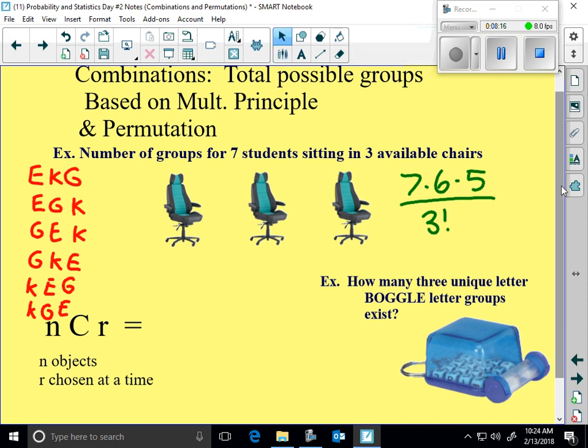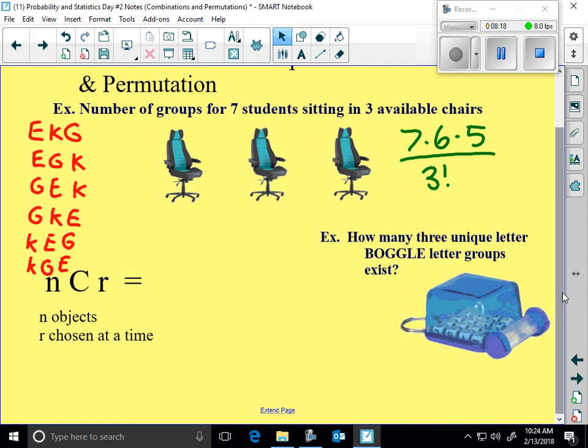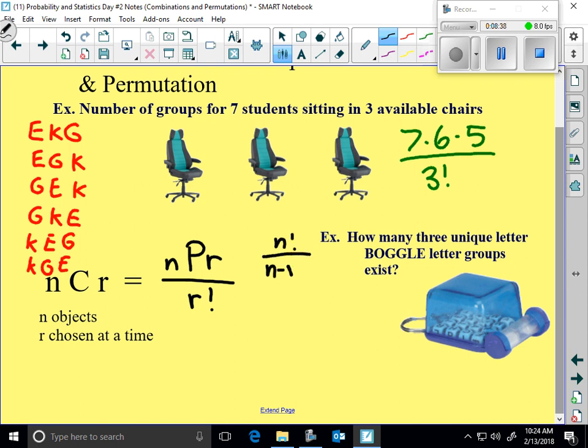So the formula for combinations is the same as the formula for permutations, nPr, but divided by how many are being chosen factorial. So let's see what that looks like. What was nPr? nPr was n factorial over n minus r factorial, divided by r factorial. If I divide by something, that's the same as multiplying by 1 over that.